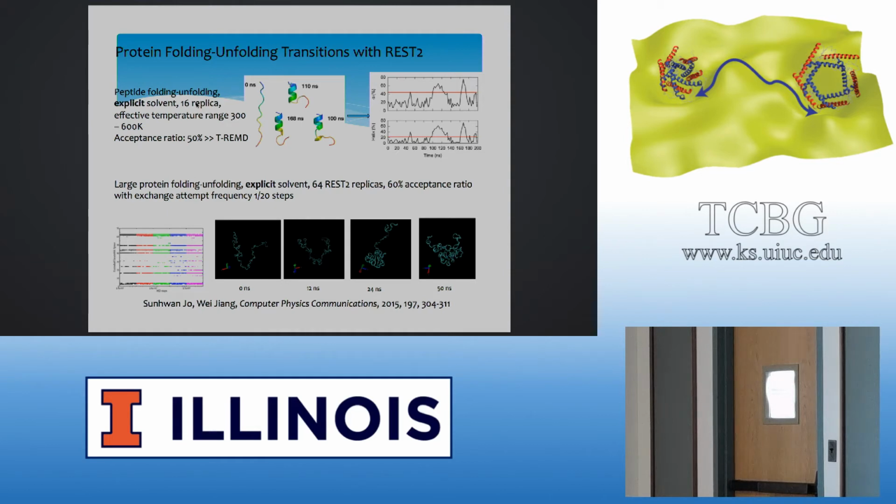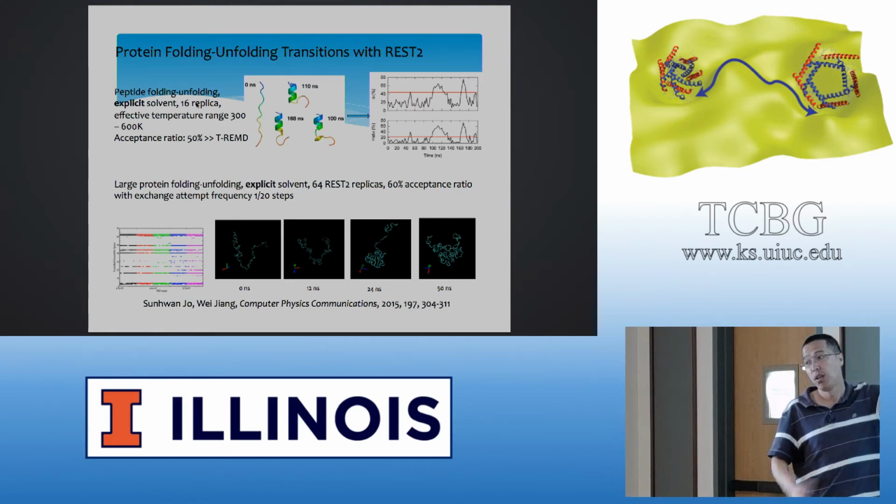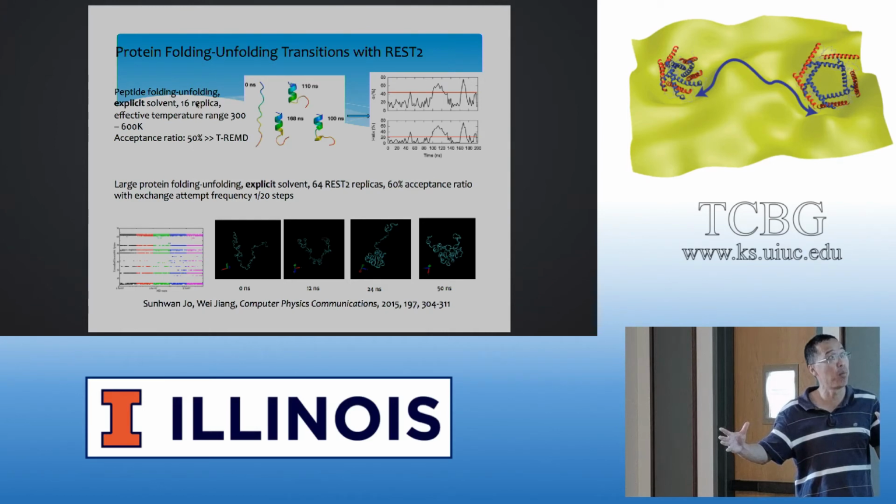But every 100 nanoseconds, we see very large helix content fluctuations. That means, for a complete population of folding, unfolding transitions here. Just those snapshots. So this is the first successful REST2 calculation for a real solid peptide.